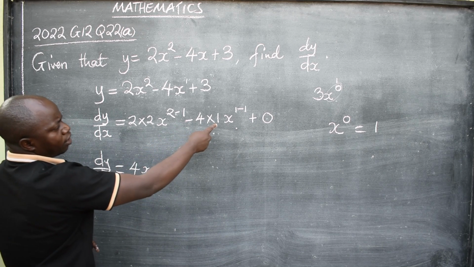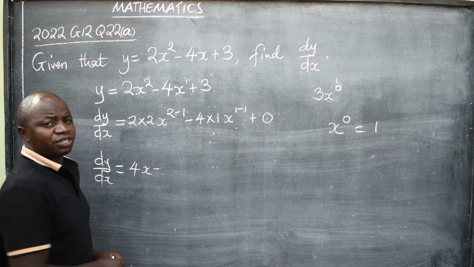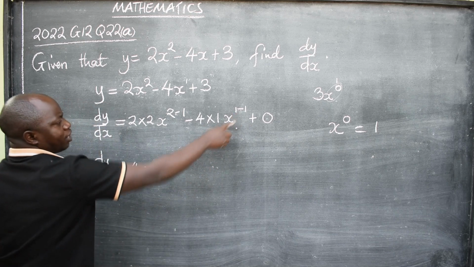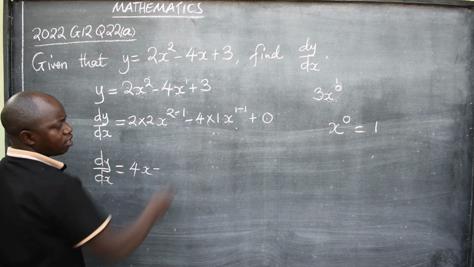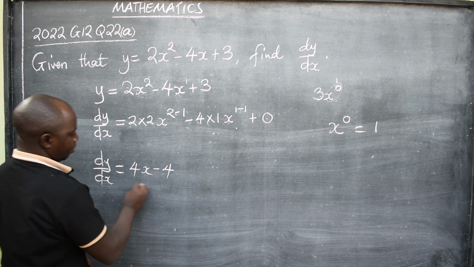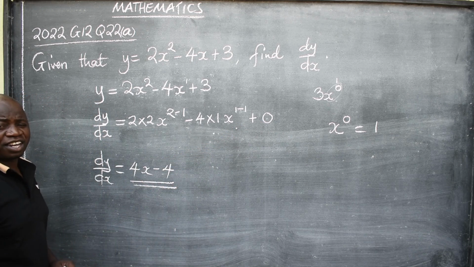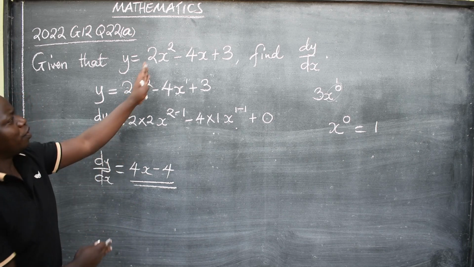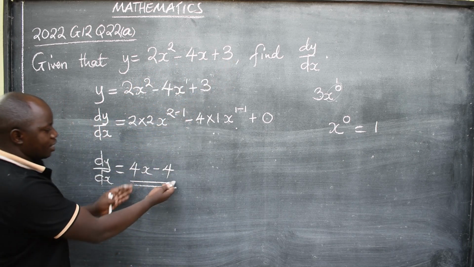Minus, here 1 minus 1 is 0, so it will be x to the power 0, which will give us 1. So whatever we have here is just 4 times 1, which is just 4. And this is 0. That is the answer. This is your correct answer. So when you differentiate this, you are getting this.